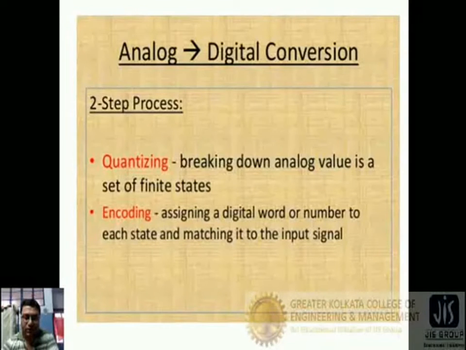We'll discuss them one by one. First, we'll discuss the quantization process, which plays an important role in our conversion process from analog to digital.